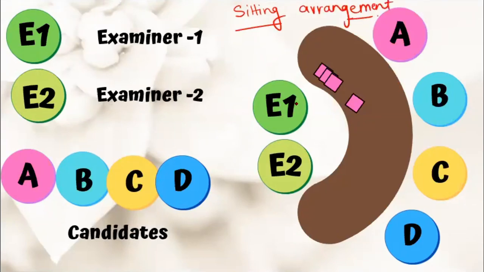Now what happens is there are 2 examiners, examiner 1 and examiner 2. Questions will be asked only by examiner 1.